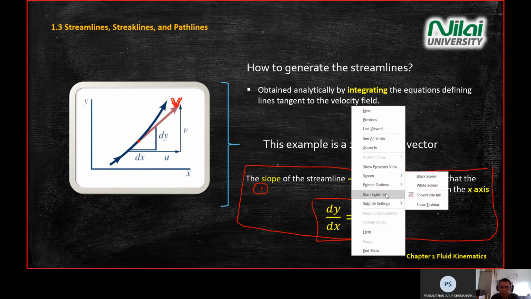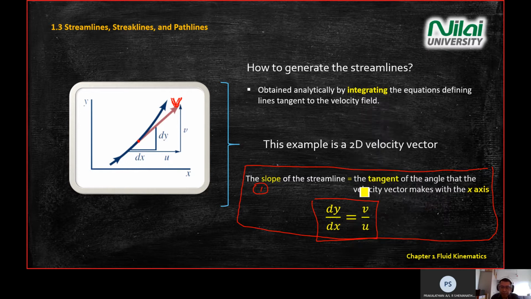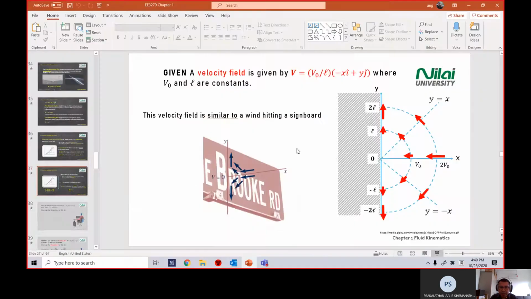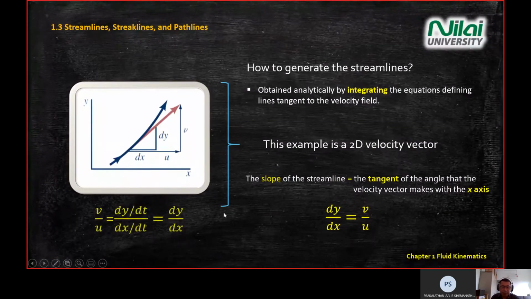Now, another lower-level understanding is how you get dy over dx. You can use the definition of v divided by u. We know that velocity equals distance divided by time.